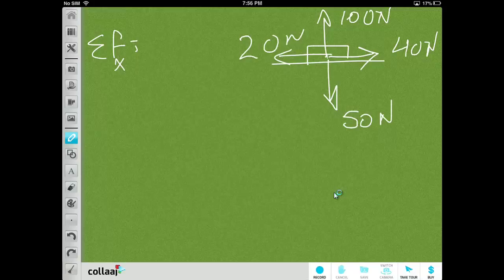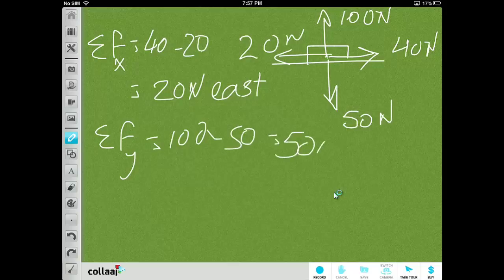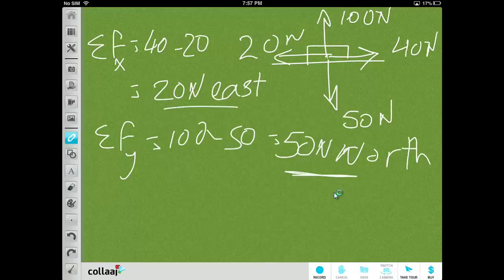So we say 40 minus 20, which is equal to 20 newtons to the east, and sum of Fy is equal to 100 minus 50, which is equal to 50 newtons to the north, upward. So those are your forces. One of them is to the east, one of them is to the north.